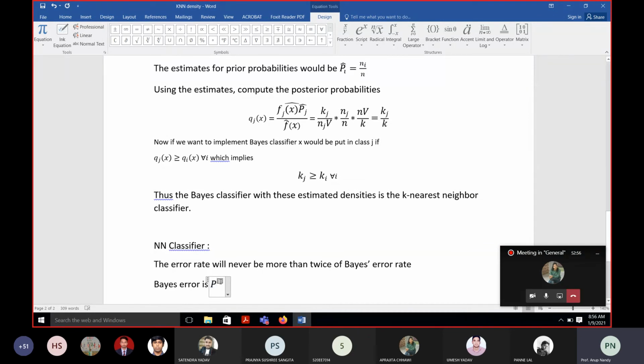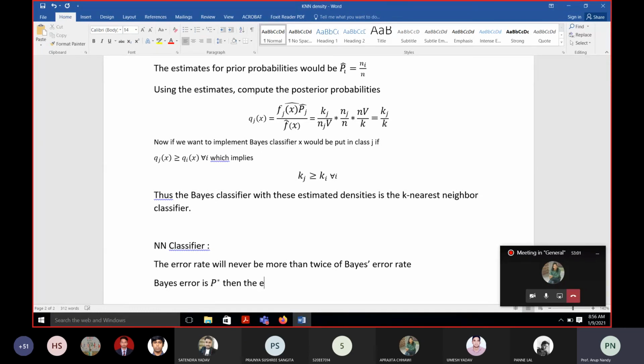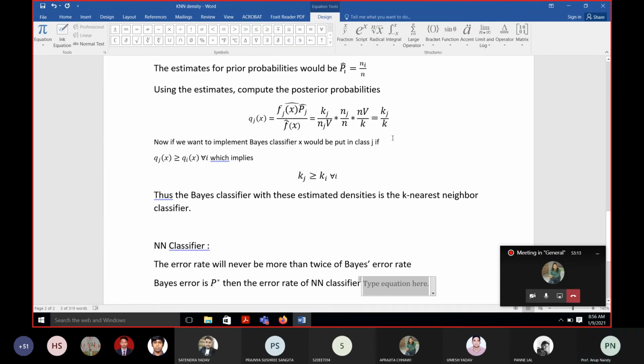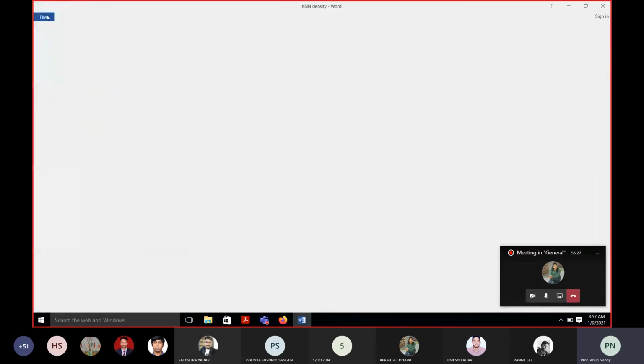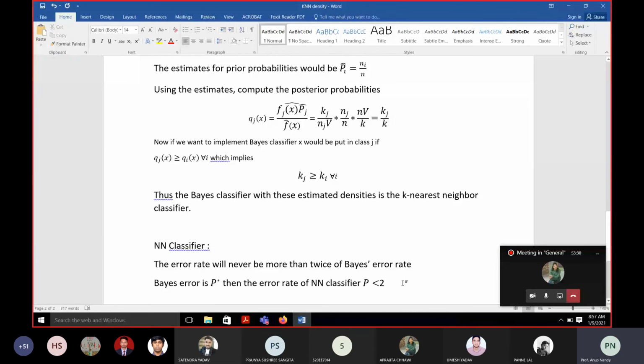Then the error rate of the NN classifier will be P less than twice P star.